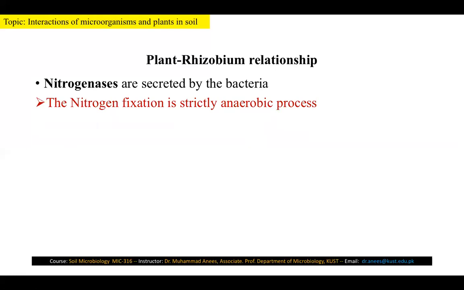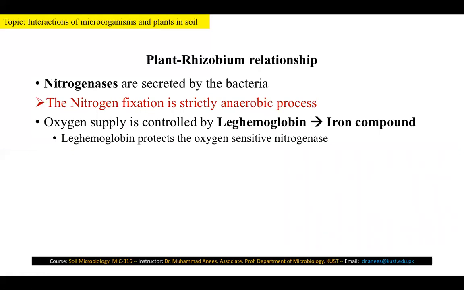That's why the nitrogen fixation process is a highly anaerobic process, a strictly anaerobic process. Now, how can the plant control oxygen supply to avoid the disturbance of nitrogen fixation, or how is this process controlled?